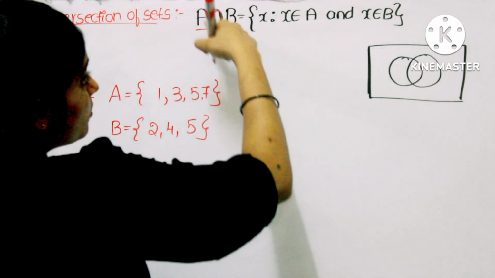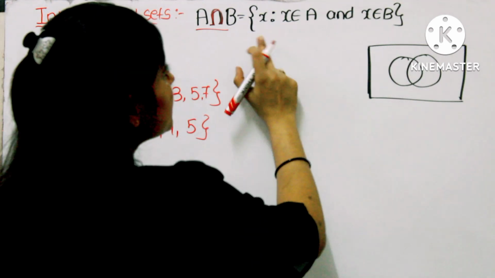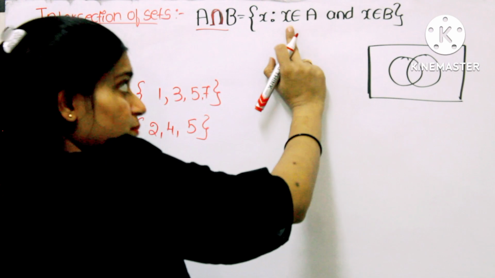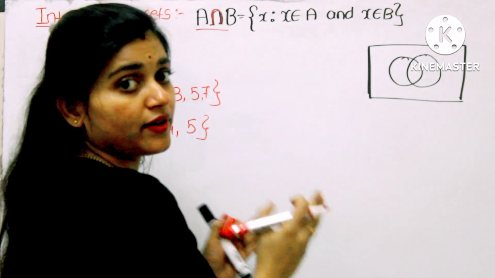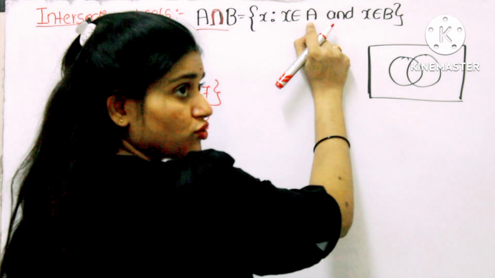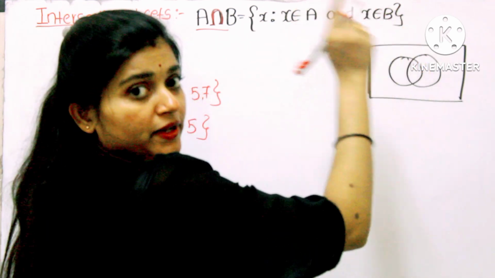So this is the opposite of U, that is A intersection B. In set builder form, it is the set of all x such that x belongs to A and x belongs to B. So when you write A intersection B, the element should be in A and also it should be in B.